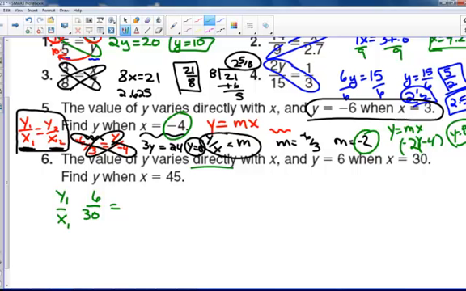And I'm putting a 1 because that x and that y go together. And then this x and this y go together. So y over x would have to equal y over the x that goes with that. So 30y would have to equal 6 times 45. And then when you divide by 30, you would get 9.